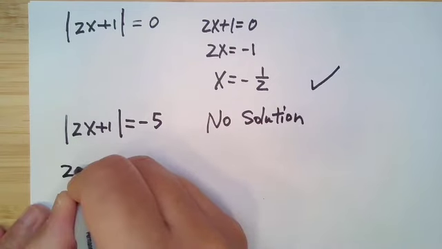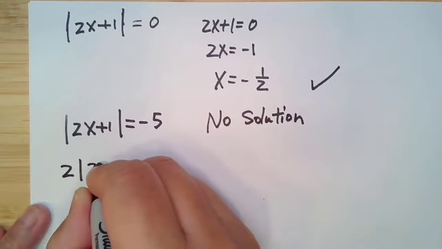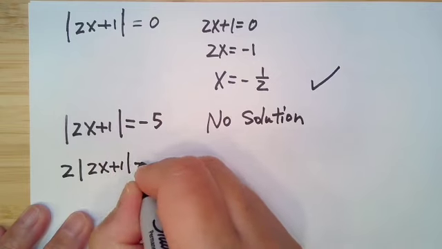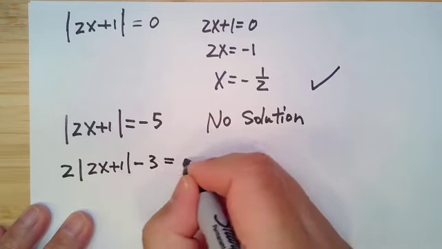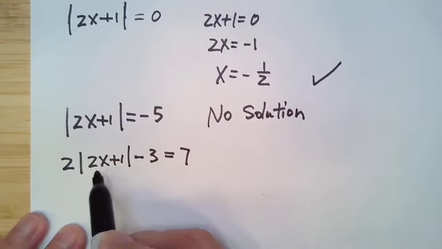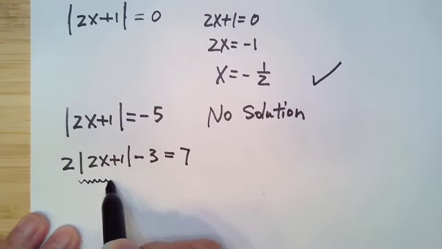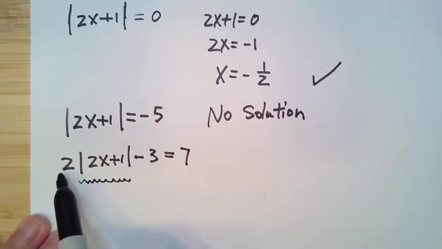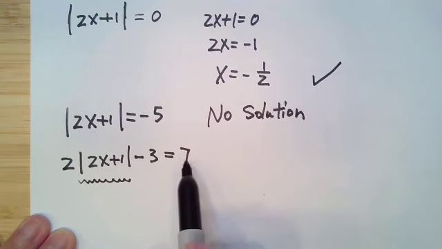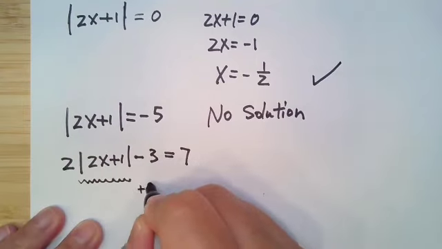2 times the absolute value of 2x plus 1, minus 3, equals 7. It's very complicated, but we treat this part as a whole piece. So we have 2 times something minus 3 equals 7. So we plus 3 first.